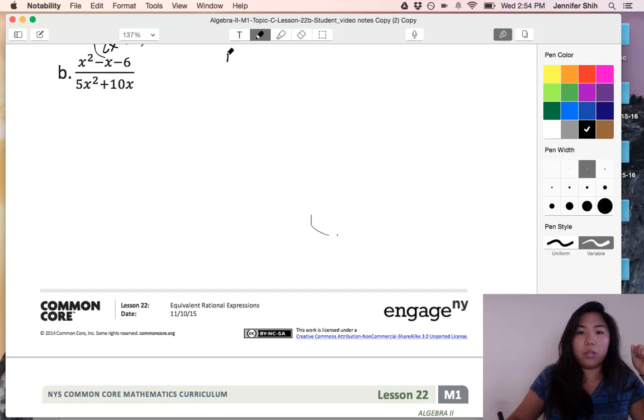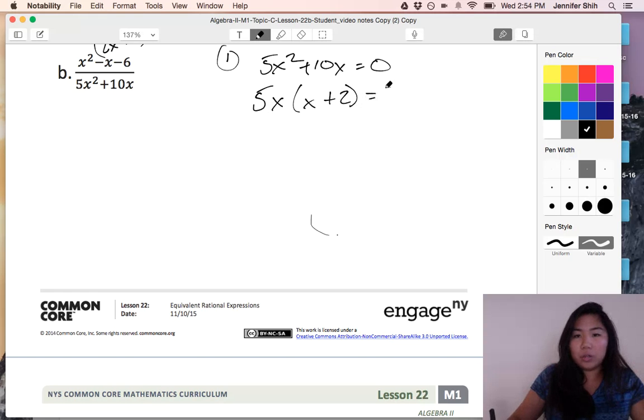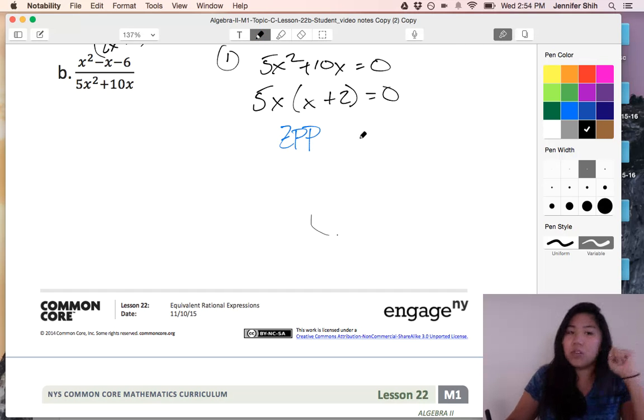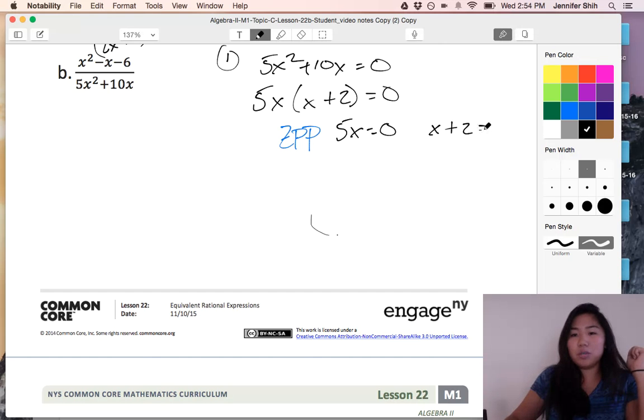Okay, so step 1, take 5x squared plus 10x equal to 0. Now let's take out our greatest common factor, which is 5x, and we're left with x plus 2 is equal to 0. Now we're going to use the zero product property to separate out our two factors so that we can solve for both x's. So we have 5x is equal to 0, and we have x plus 2 is equal to 0.